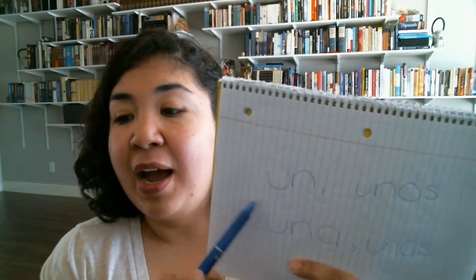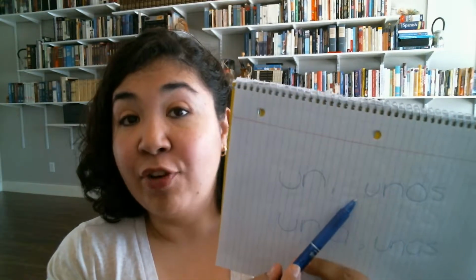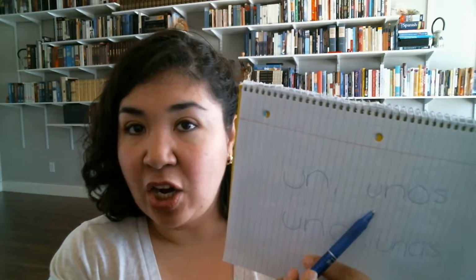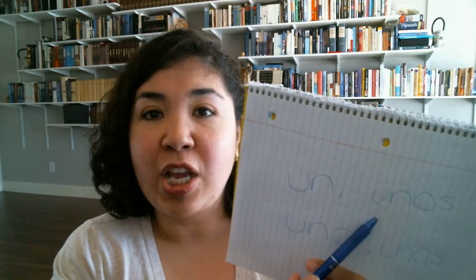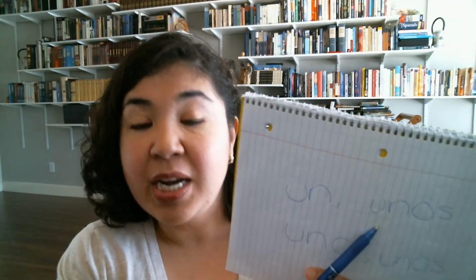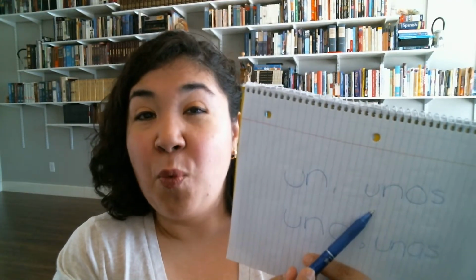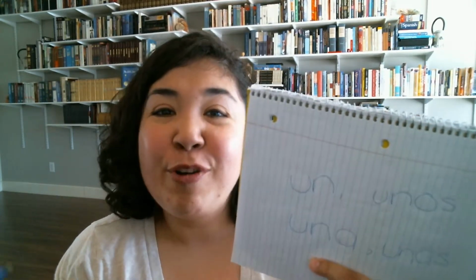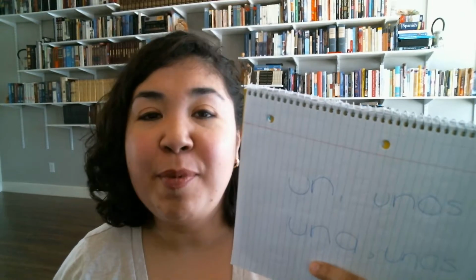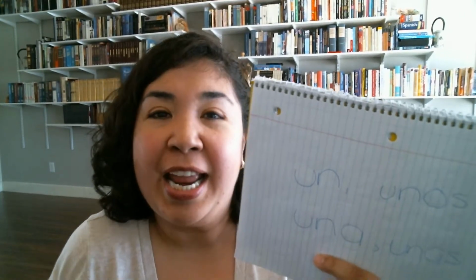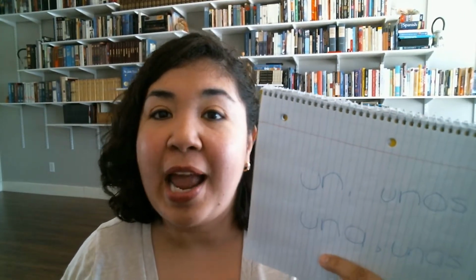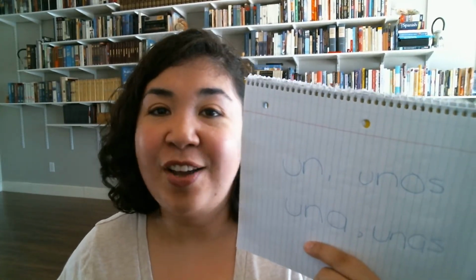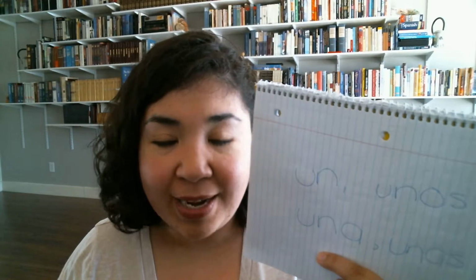Now, if we're talking of a few cars, we can still use an indefinite article, and that's what makes it indefinite. We're not talking about a specific one, and we're not talking about only one necessarily. If we would translate it in English, it would be very incorrect, but the best way I can tell you would be like a cars, or a houses, or a cups. Of course, that is not correct.